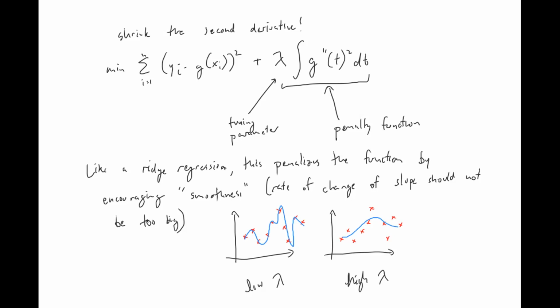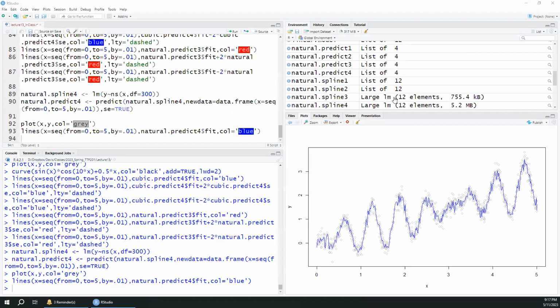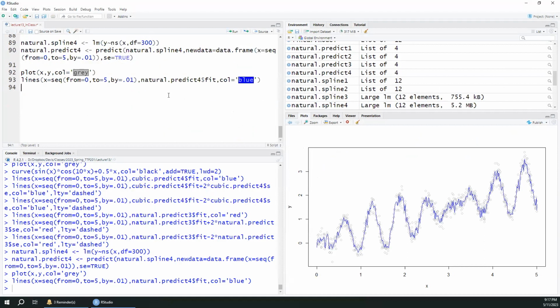And the really nice thing about this kind of approach is that now you have reduced the work that you need to do in terms of finding out the number of knots and placing them in the right places in our cubic spline, or figuring out the degrees of freedom. It's all boiled down to this one tuning parameter, and that's all you need to calibrate.